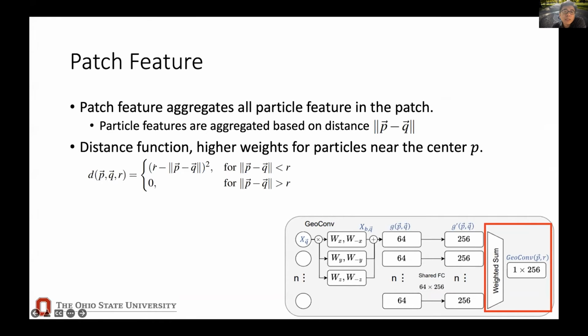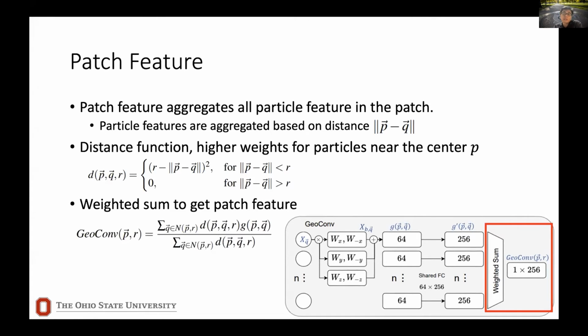R is the radius, the maximum distance you care about, and P minus Q is how far that particle is from the center particle. I do a linear ramp to decide the weight, and I do a weighted sum. Eventually, I get a single 256-dimension vector to represent the entire particle patch.